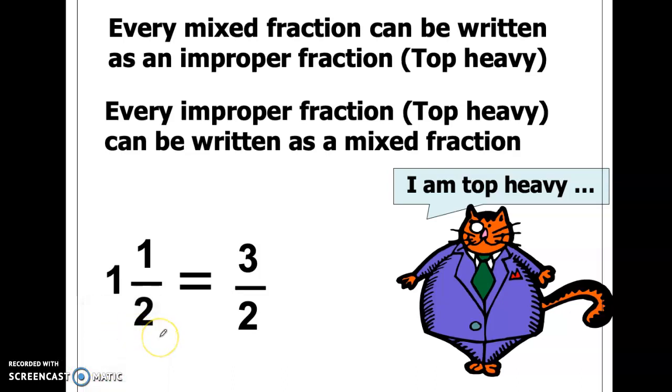Well, if you remember the Texas squeeze from the 6th grade, we actually take the Texas squeeze and we do the denominator. 2 times 1 is 2, plus 1 would give us 3. So therefore we can say that 1½ is equivalent to 3/2.